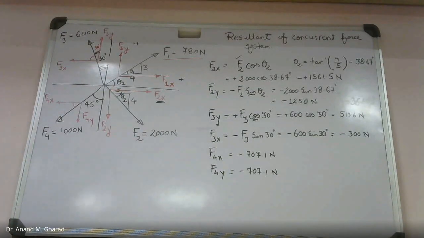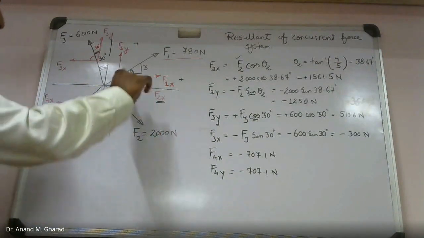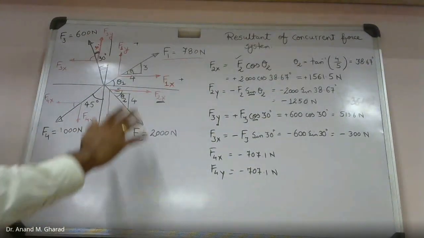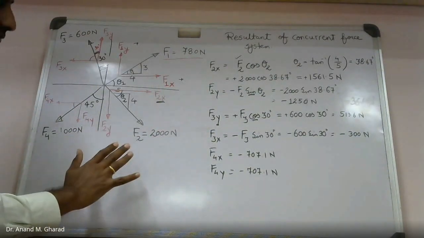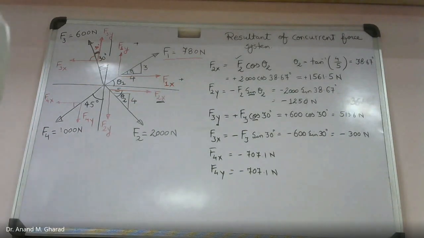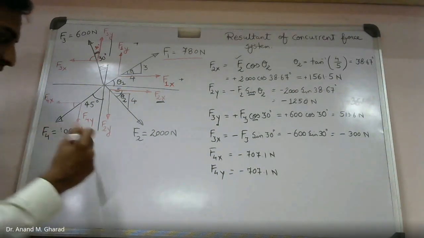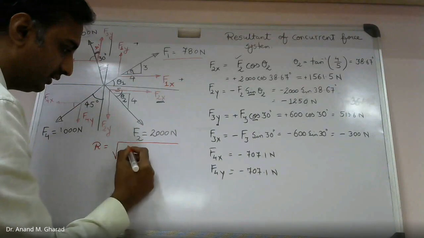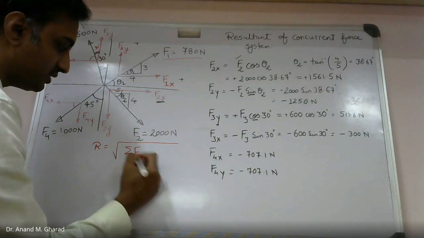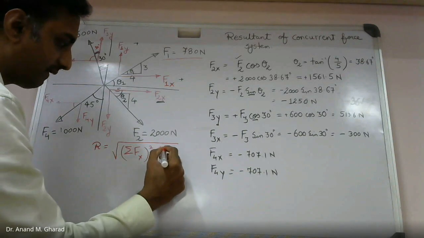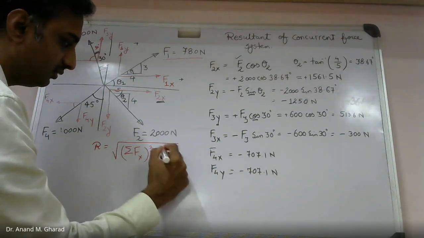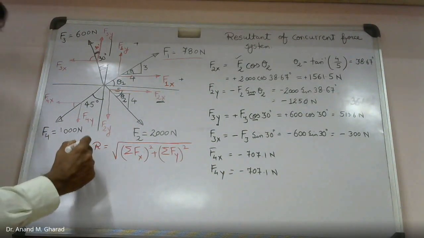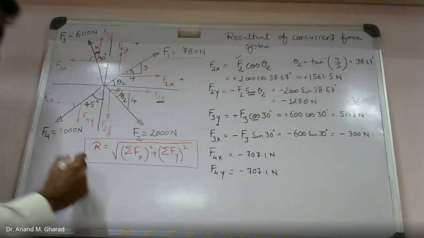So what are you supposed to do? You are supposed to identify the resultant of all these forces. This is the question. For that, we have resolved everything into components. As per the definition, the resultant is the square root of the summation of all forces in the x direction squared plus the summation of forces in the y direction squared.